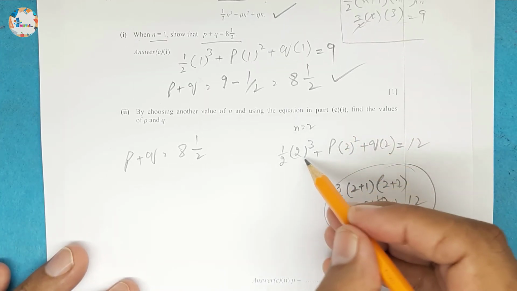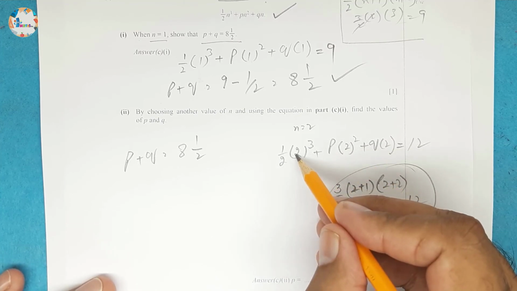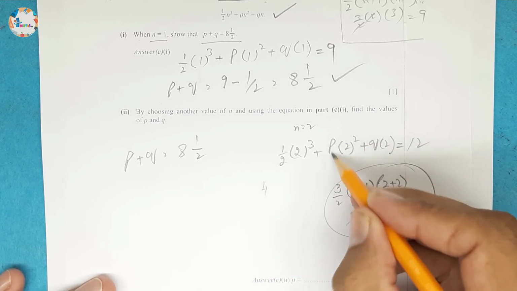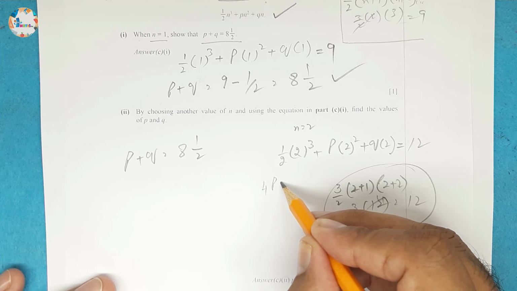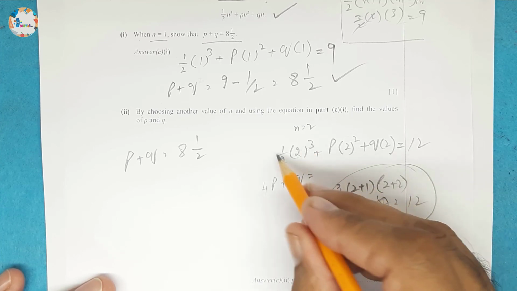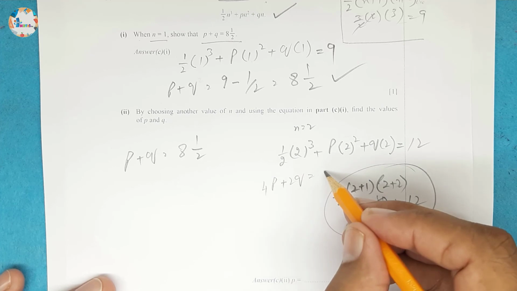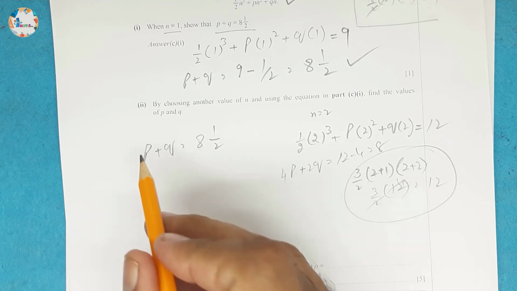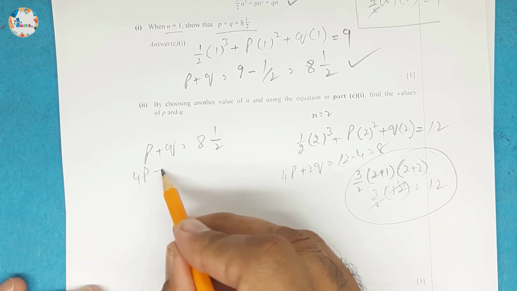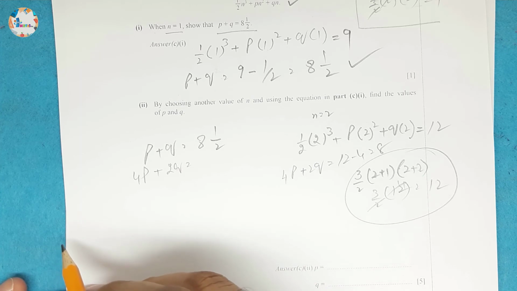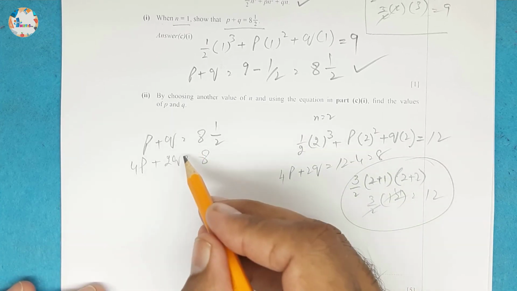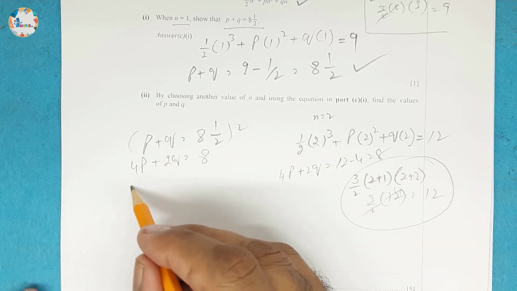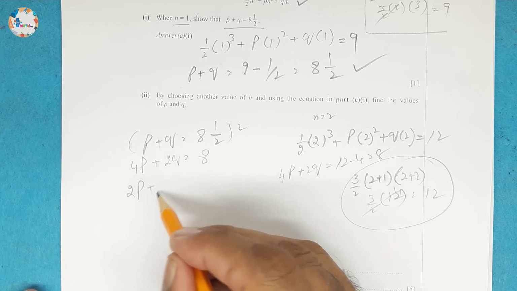Now we got this equation, and this will be 8. 8 divided by 2 will be 4. So we can write here 4p plus 2q is equal to, we will send 4 to the other side, so 12 minus 4, which is equal to 8. Now we got this equation, 4p plus 2q is equal to 8, and we can multiply the other equation by 2 to equalize the coefficient of q.